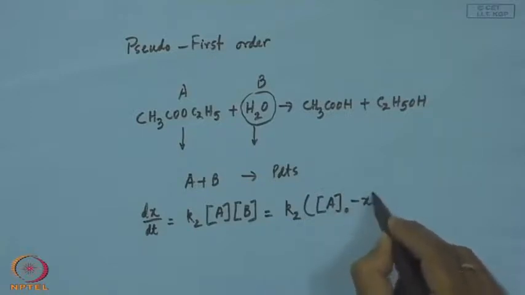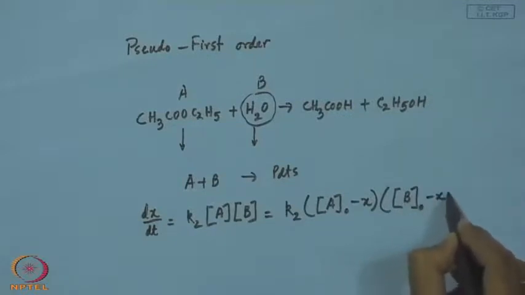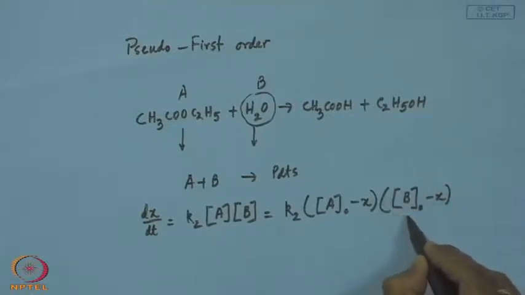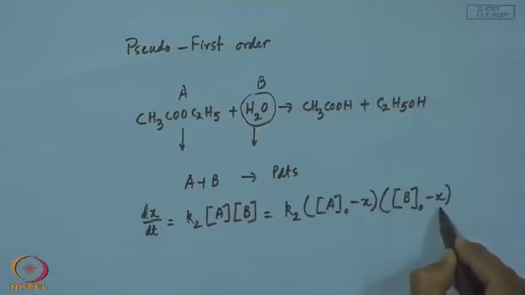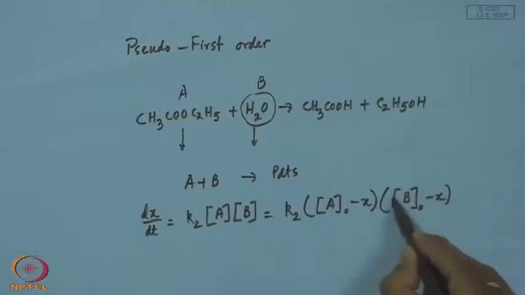Now, if B is held constant, or kept at some high value, then for all practical purposes we can think that this second bracketed quantity is constant.